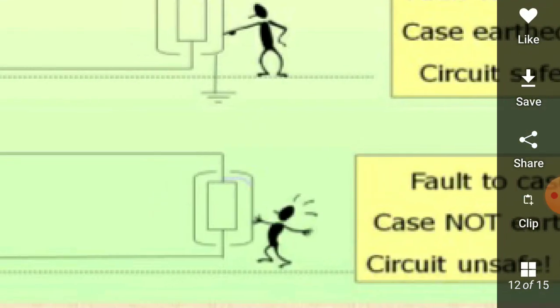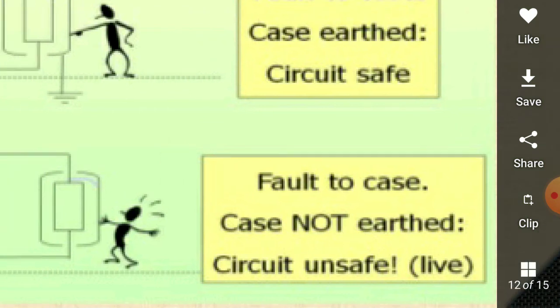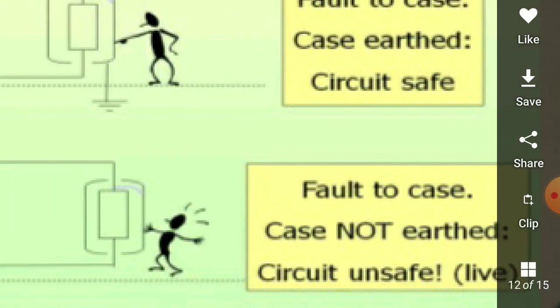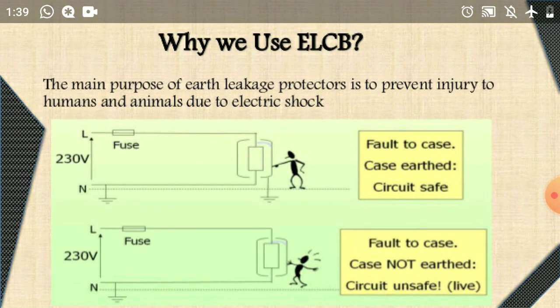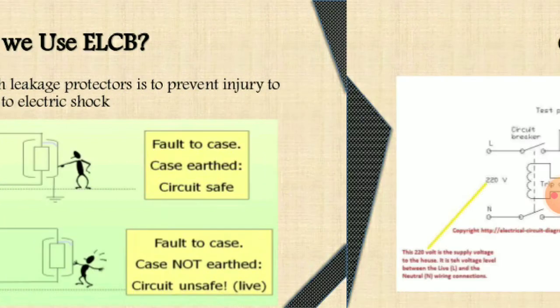But if the case of that electrical equipment, say a motor or any electrical equipment, is not earthed by proper technology, then the person or the animal accidentally touching that equipment will get a shock. So in order to provide protection under such a condition, we must use earth leakage circuit breakers.